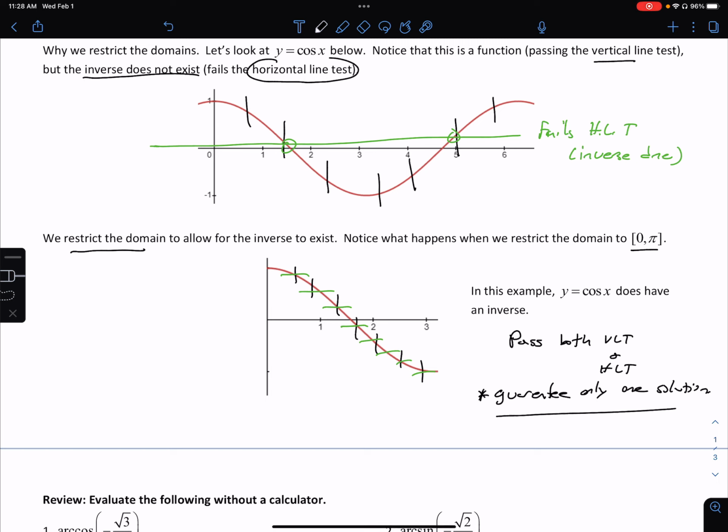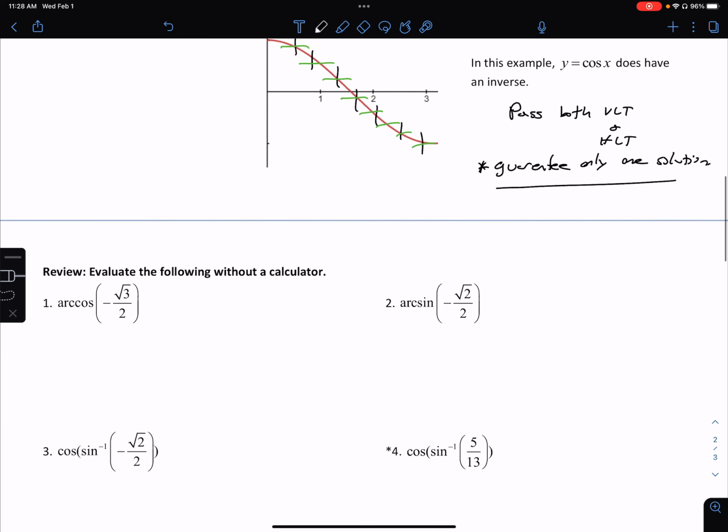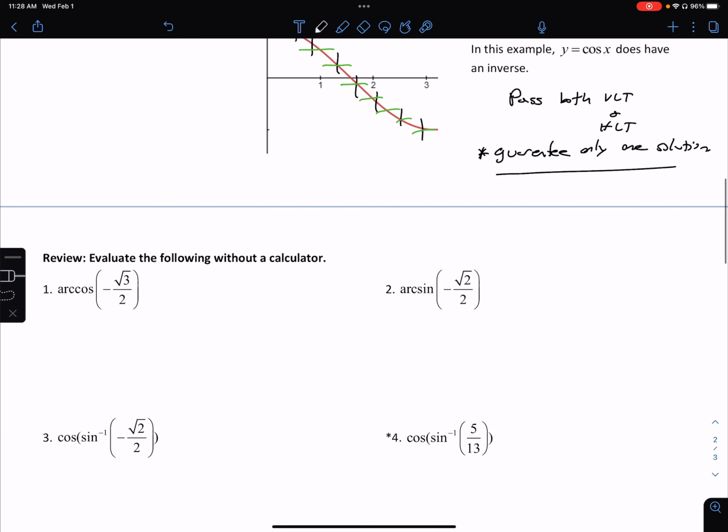So let's review a little bit of pre-cal here. We want to evaluate the following without a calculator. So we want to find the arc cosine of negative root 3 over 2. This is really saying that the cosine of what angle is negative root 3 over 2.